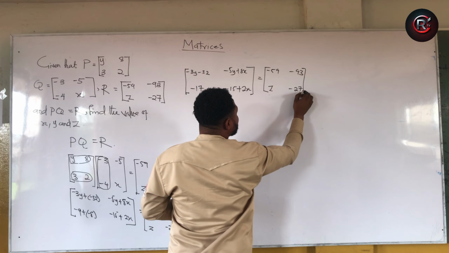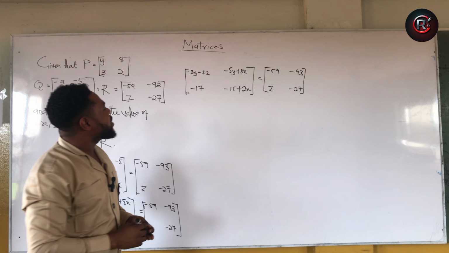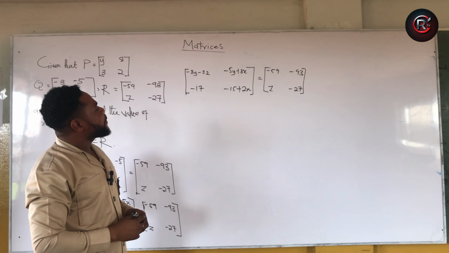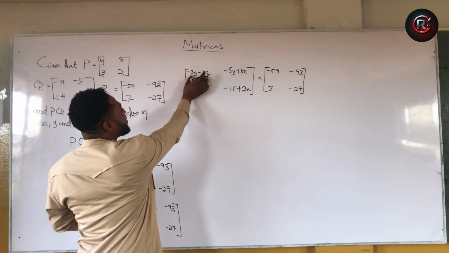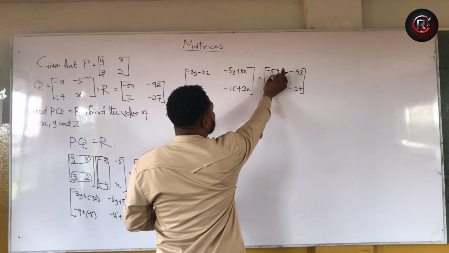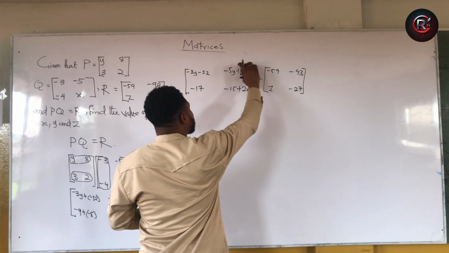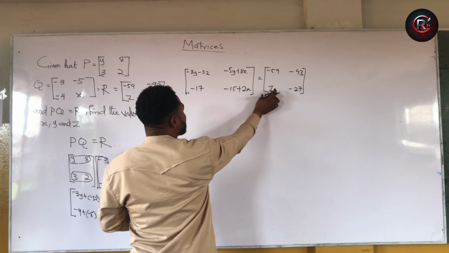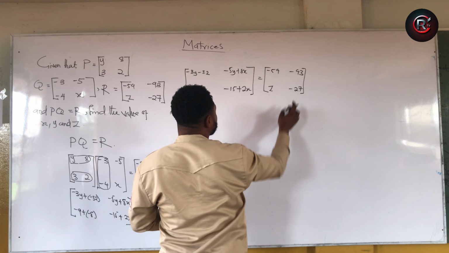At this level, we are going to use equality of matrices, where our first element here will be equal to the first element there, the second element will be equal to this, and the same for the rest.